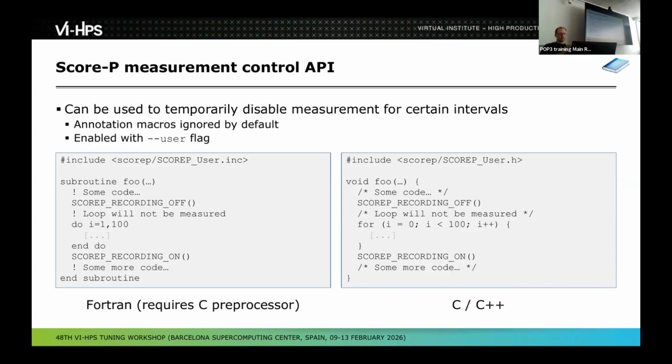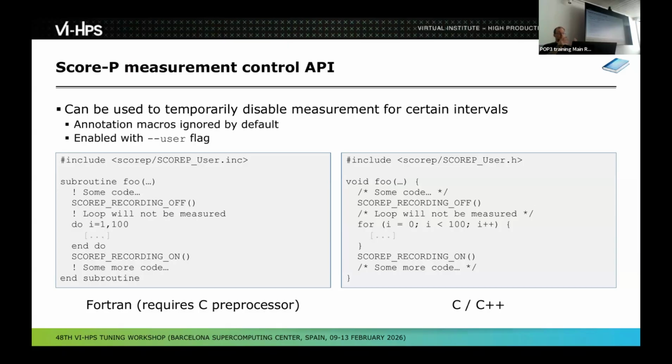The important element here is that you have to be careful where to place the recording off and on. You usually want to do it on a process level, so not inside of a threaded region. And you have to record the beginning of the MPI init. So the first time you may put the recording off is after the MPI init, because then you have the initialization, otherwise you might miss something.